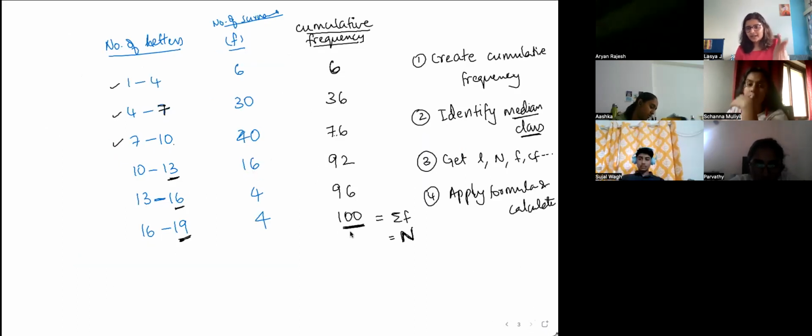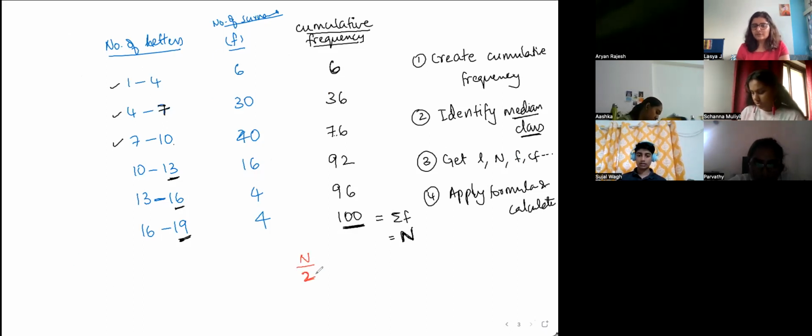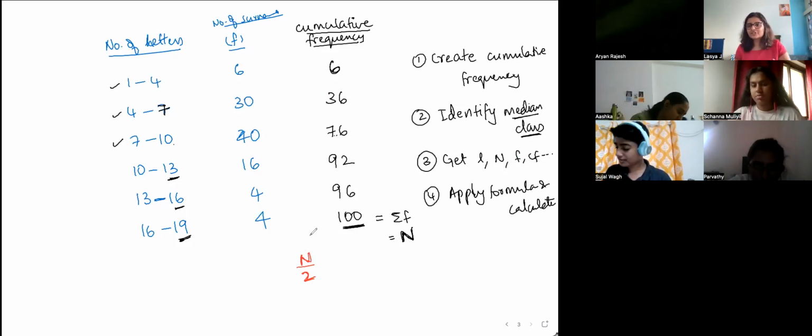So in 100, where will the halfway point be? 50. How did you get 50? 100 divided by 2. Okay. So figure out where n by 2 is and figure out in which class you'll find the 50th piece of data.